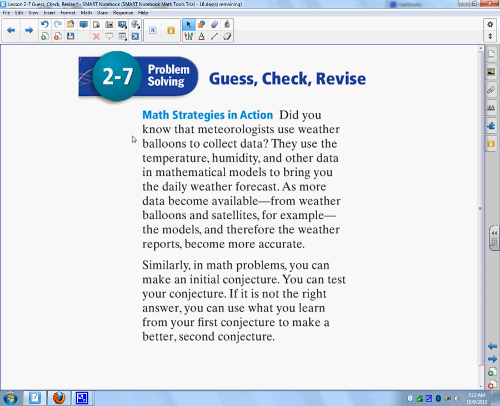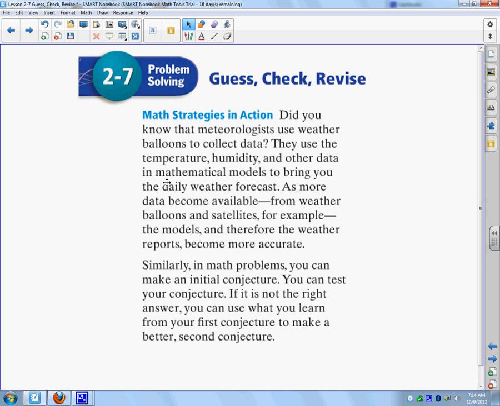It says, did you know that meteorologists use weather balloons to collect data? They use the temperature, humidity, and other data in mathematical models to bring you the daily weather forecast. As more data become available from weather balloons and satellites, for example, the models and therefore the weather reports become more accurate.